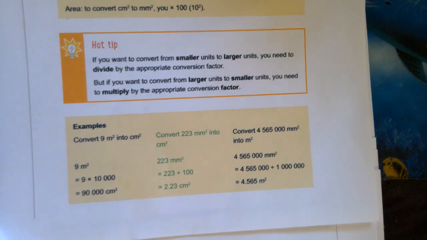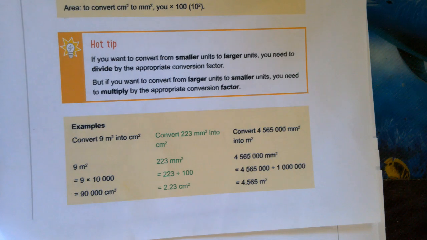And the same, when you're going to a smaller unit, you need a larger number. To make a larger number, you multiply. If you're going to a larger unit, you need a smaller number. To get a smaller number, you must divide.